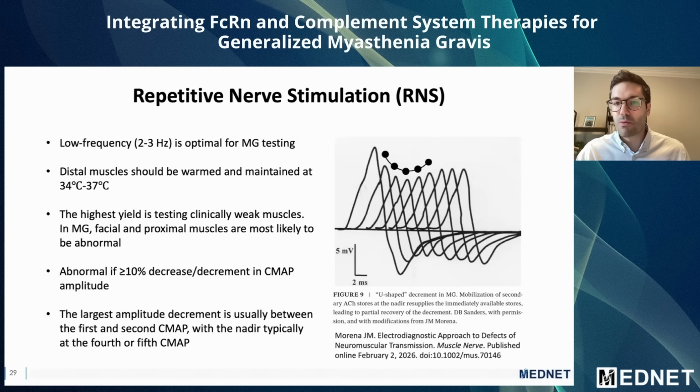At the fourth, what's occurring is we have mobilization of secondary acetylcholine stores. So that's going to replenish and lead to a slight improvement in what's called a U shape in myasthenia gravis. This is different than what we see in some other conditions like Lambert-Eaton myasthenic syndrome, which has been shown to have more of a progressive decremental pattern.